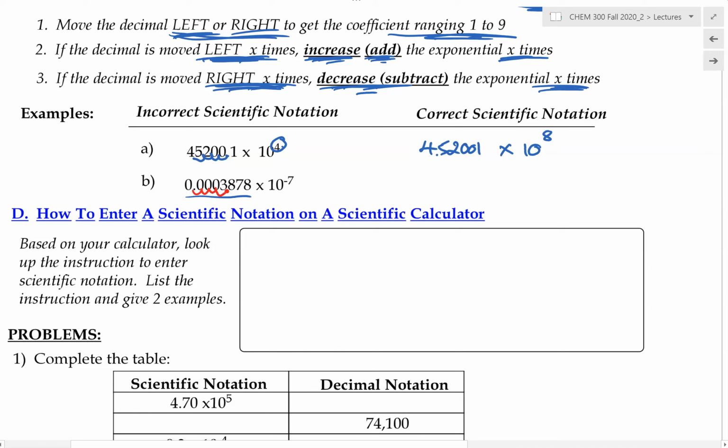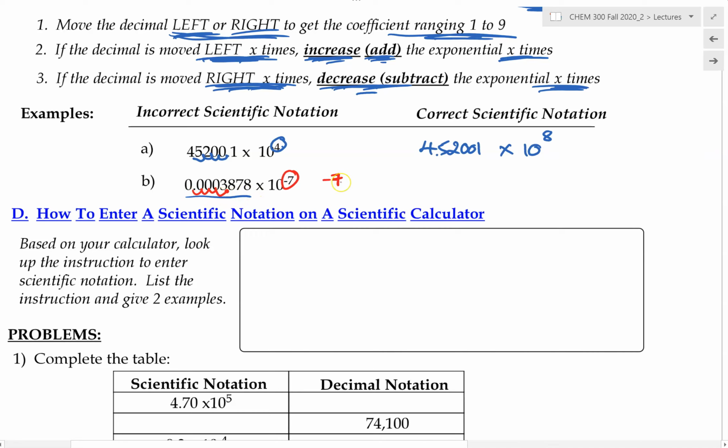So we're moving the decimal to the right. We're making it bigger. And because we're making it bigger, we're supposed to basically subtract the exponent, right, to compensate for it. So in this case right here, the starting exponent is negative 7. And now we have to subtract because as we move the decimal to the right, we're making this value bigger.